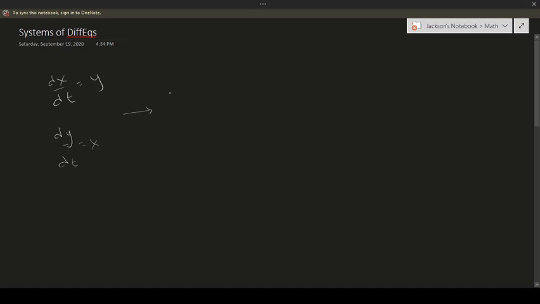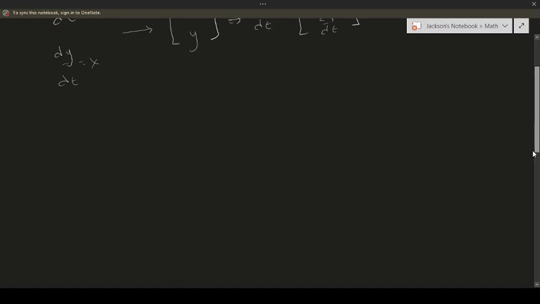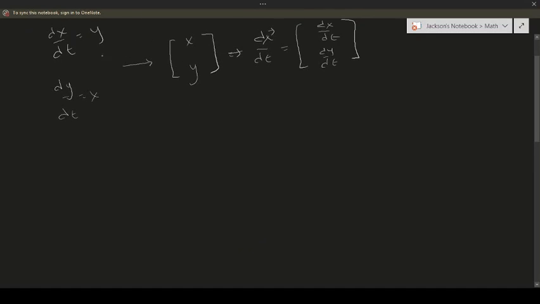The first thing we need to do is come up with a variable vector, and that's easily going to be x, y. To counter that, we also need a differential vector, which you could say is the same thing as dx over dt and dy over dt in a vector. Now we need a coefficient matrix, and that's fairly simple: 0, 1, 1, 0.